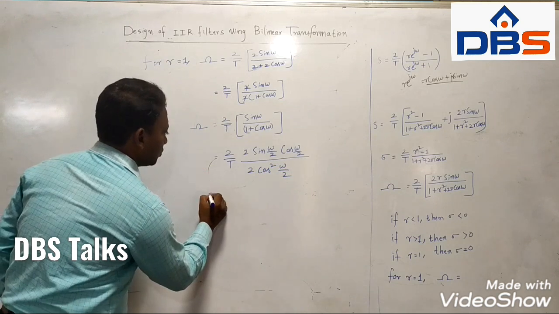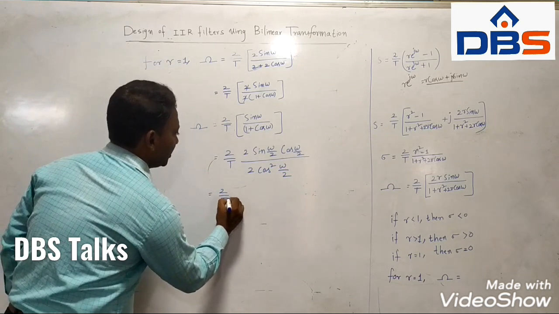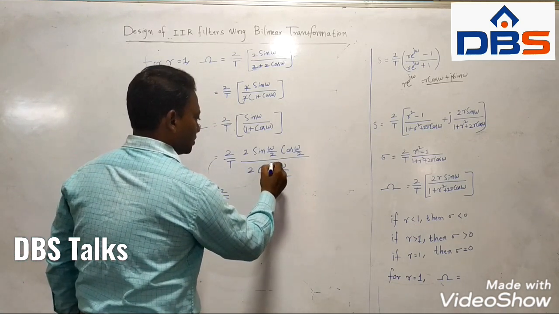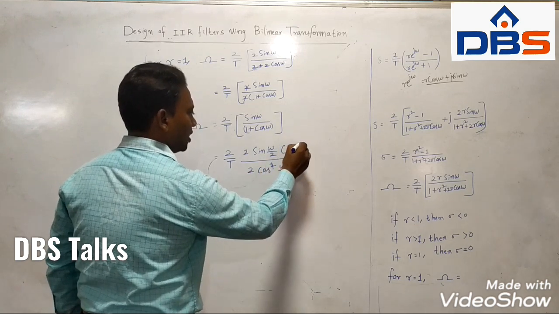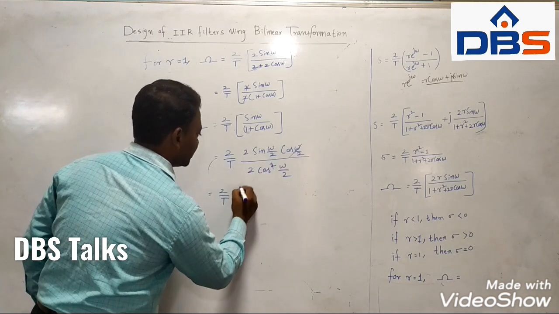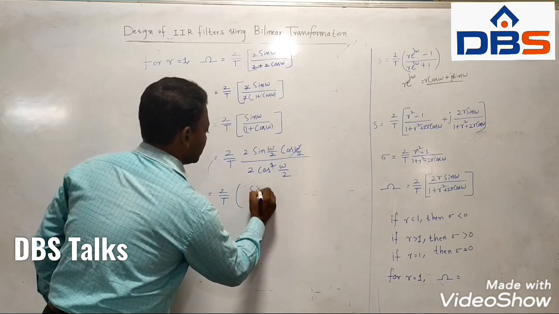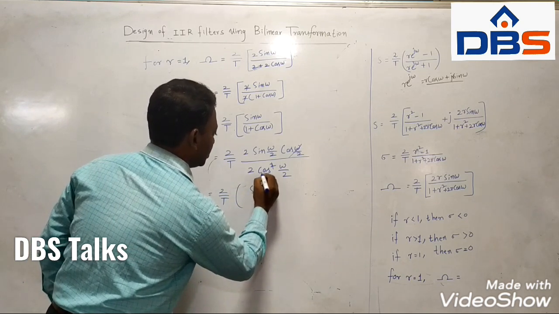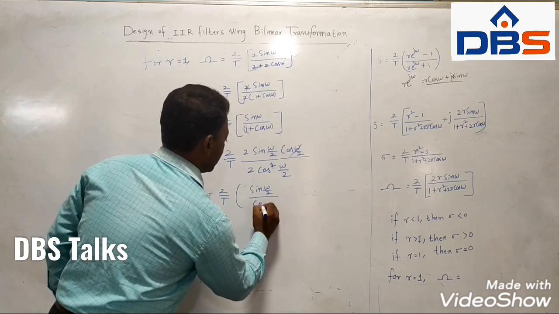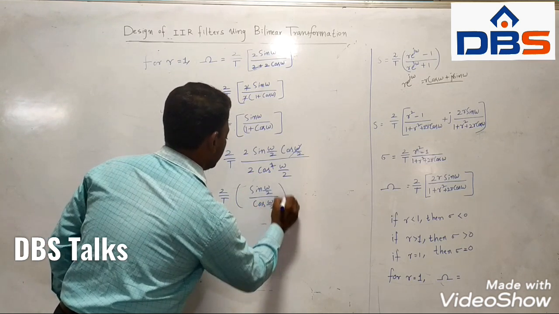Now 2 by T, one cos omega by 2 and another cos omega by 2 will get cancelled. Then what happens is sin omega by 2 divided by cos omega by 2.